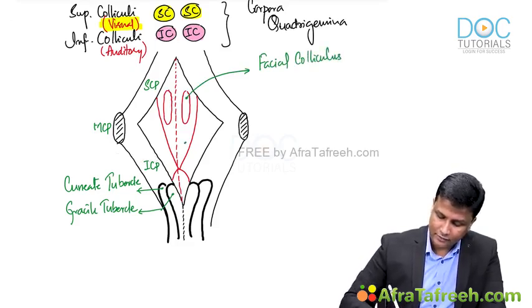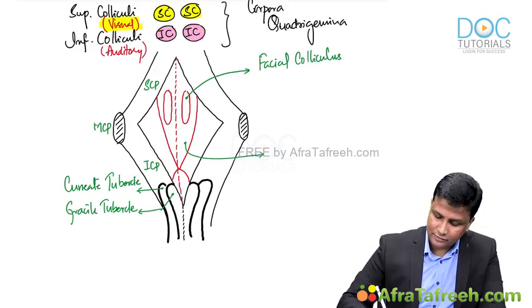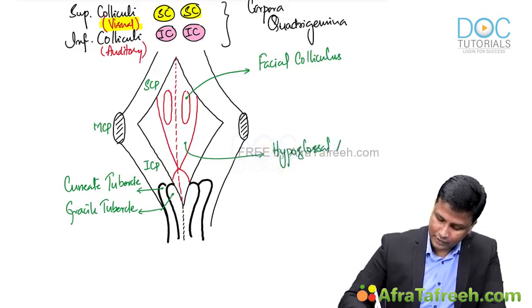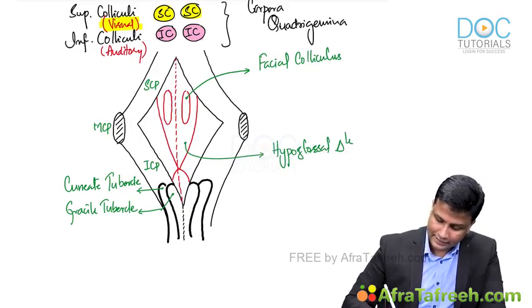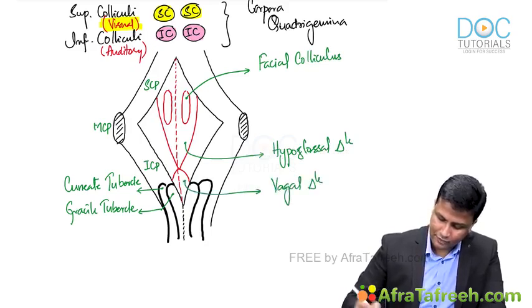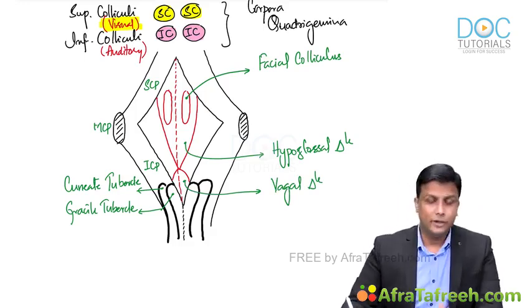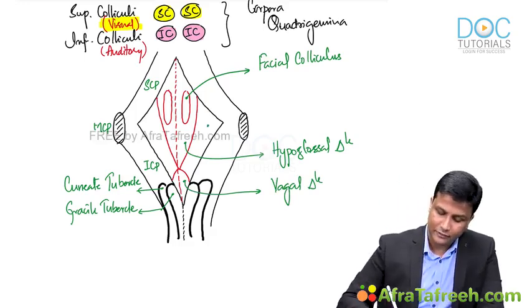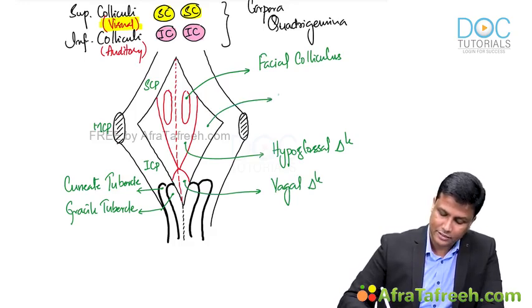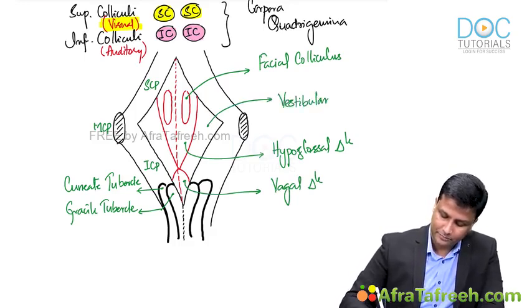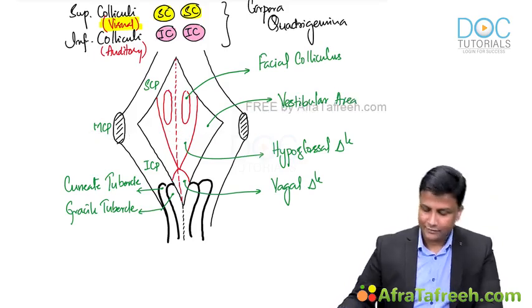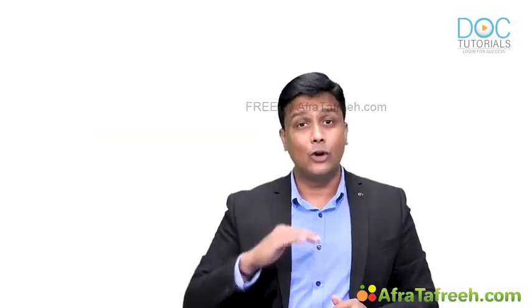And this triangle that you are able to appreciate here will be the hypoglossal triangle. And then this triangle here will be the vagal triangle. And then whatever area that you are able to appreciate on the lateral side here will be the vestibular area.